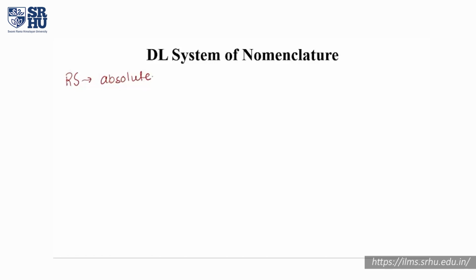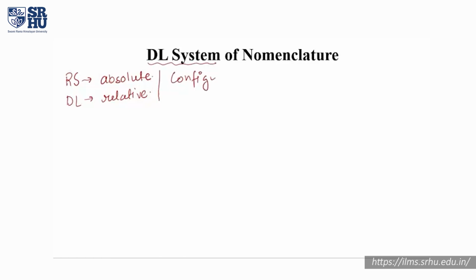Today, in this video, we are going to study the DL system of nomenclature, which is also referred to as the relative configuration method. Before studying DL, we have to first understand and revise the concept of configuration.